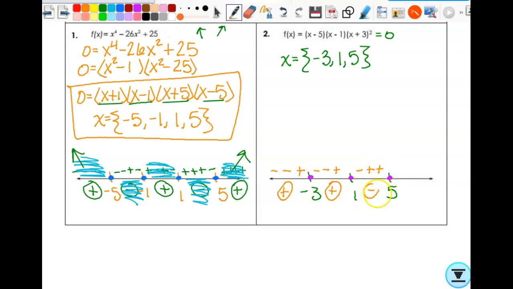So this is negative overall. 6 is going to be positive, positive, positive. That's positive overall. So then I shade. This is positive. This is positive. This is negative. This is positive.